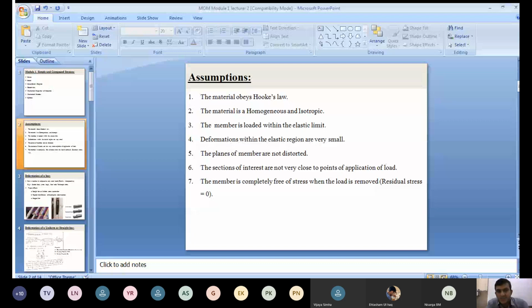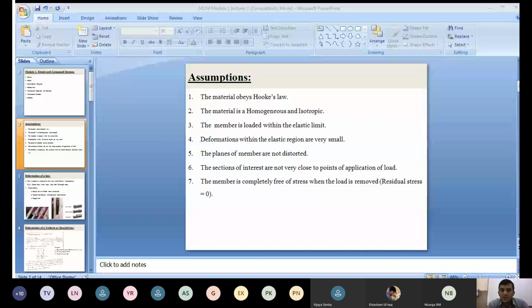Now, before deriving any equations, before deriving the deformation or stresses induced in a member, these are the assumptions you should know. What is the first assumption here? The material obeys Hooke's law. Hooke's law states that within the elastic limit, stress is directly proportional to strain.